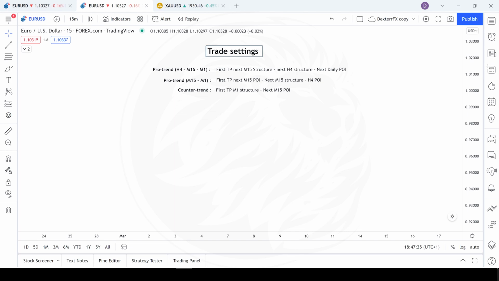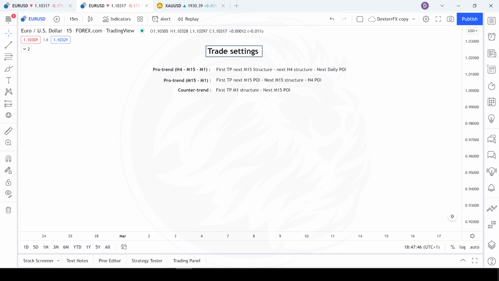You just have to work on it. But for the pro trend, my first TP will be on the next M15 structure, because if I am in a pro trend, my purpose with the price is to make a new structure, so I'm totally aligned with that, and the probabilities are with me.